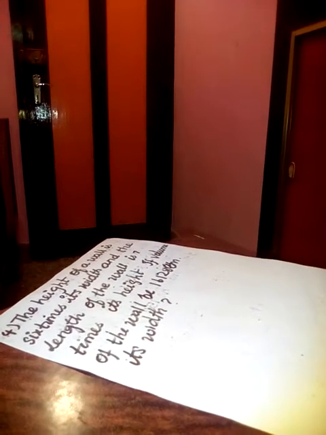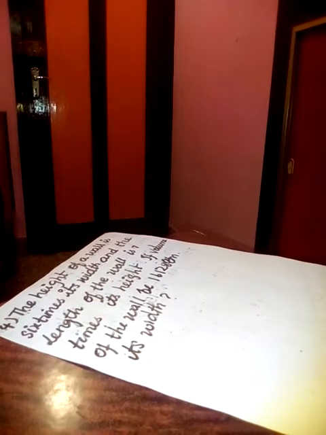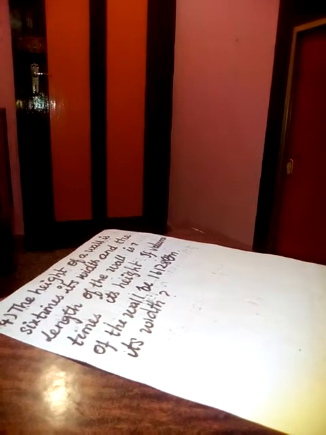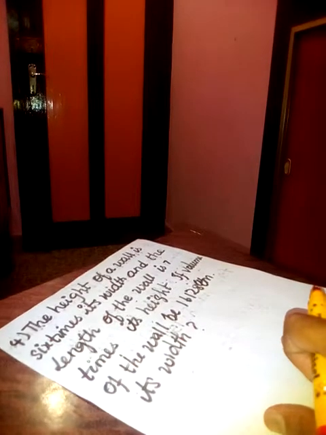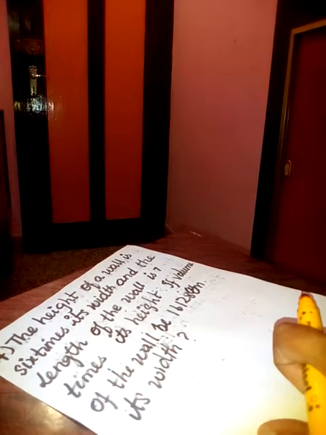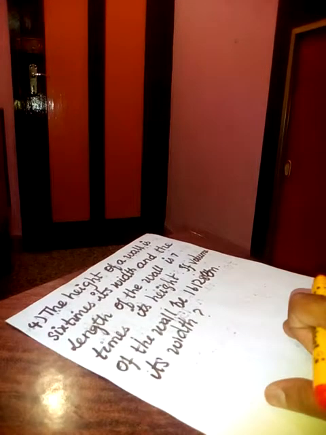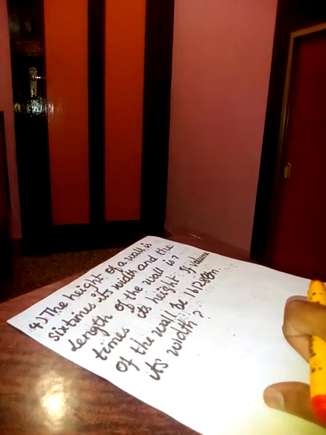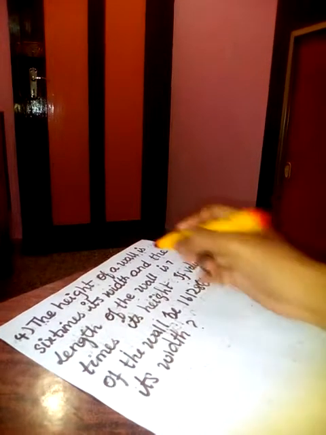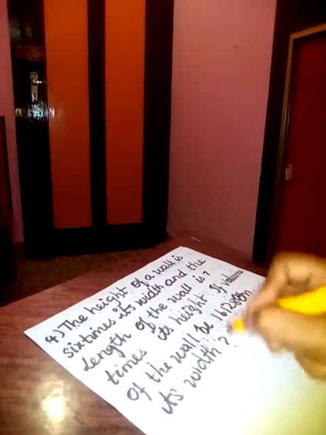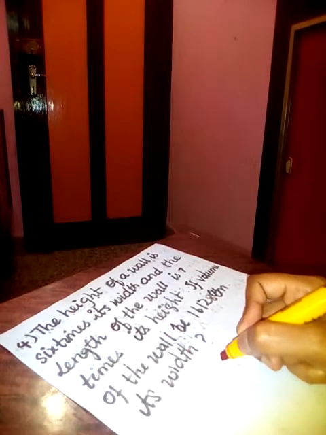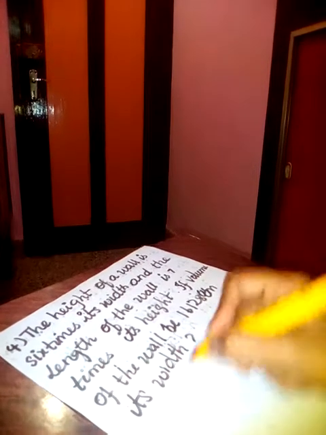The height of a wall is 6 times its width and the length of the wall is 7 times its height. If the volume of the wall be 16128 cubic meter, its width? We have to take the height as 6 times the wall's width.